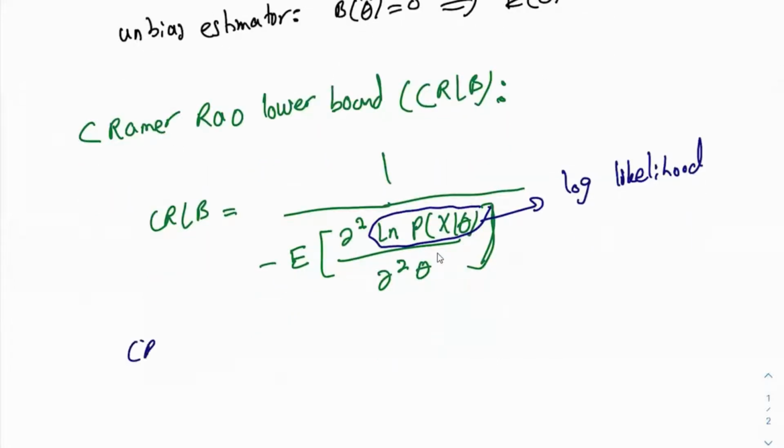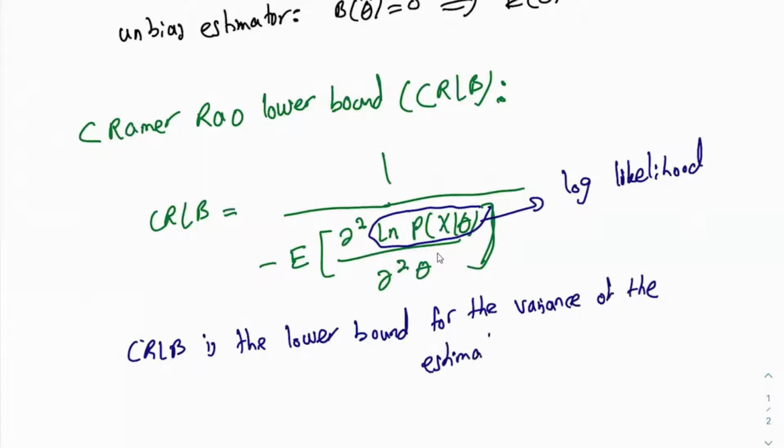Why do they call it the Cramer Rao lower bound? CRLB is the lower bound for the variance of an estimator. So an estimator can have a variance as low as the CRLB. It cannot get lower than that.